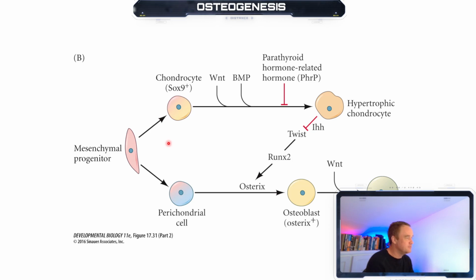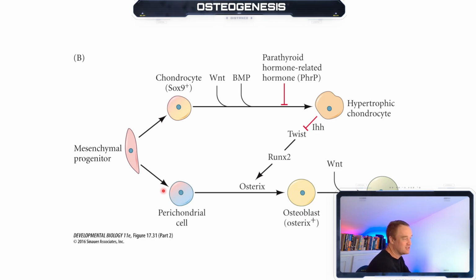Okay, so during this process of endochondral ossification, we have these paracrine and transcription factors that are active in the transition from cartilage to bone.